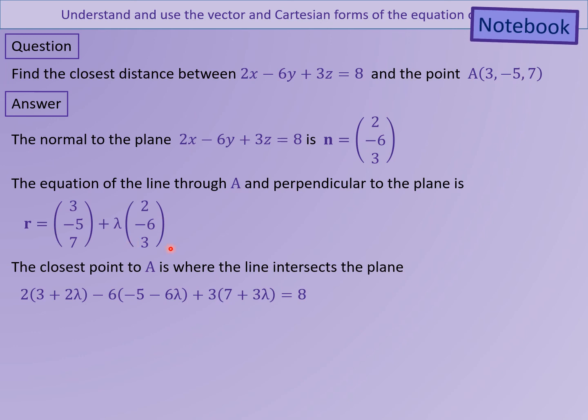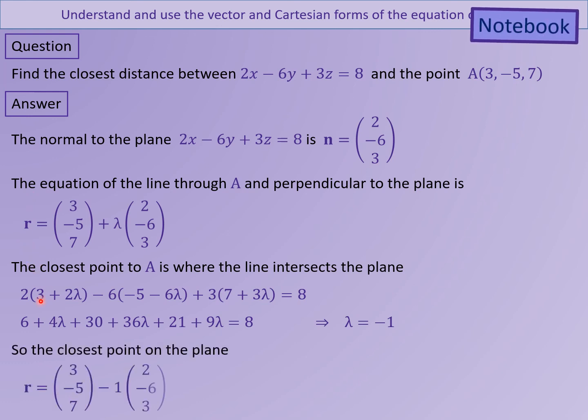If I do all that, I can work out my lambda value. Lambda equals minus 1. And once I know lambda equals minus 1, that's going to give me my x, y, and z for the closest point on the plane. There we go. So that's the closest point on the plane to the point (3, -5, 7). Okay, so the point (1, 1, 4).